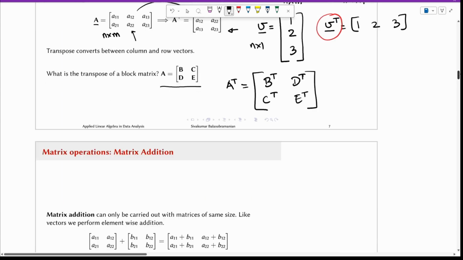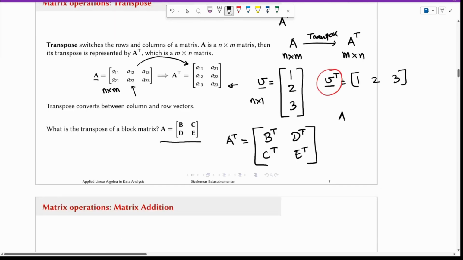Now, before we move on, if you remember earlier, I said if you have a matrix A, which is n cross n, we can write it as a block matrix of column vectors. We will also follow another convention of writing this as a block of rows.